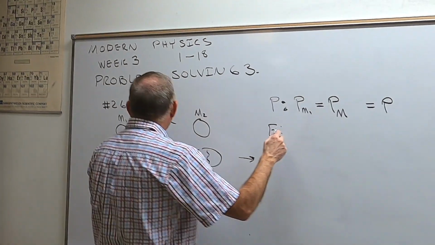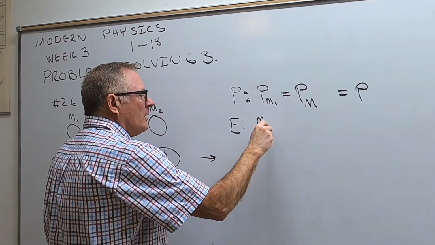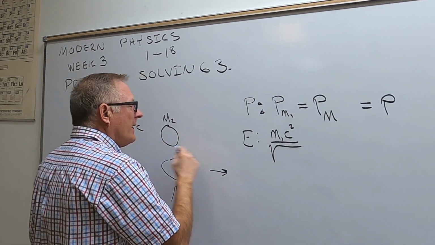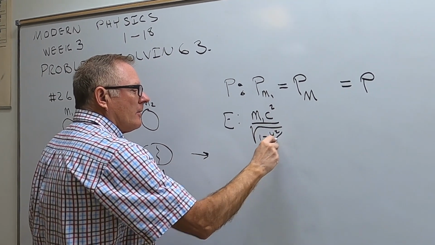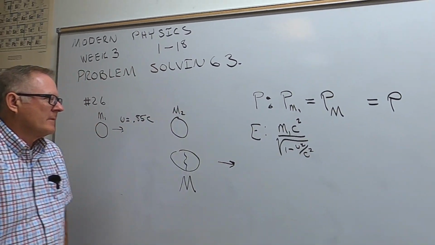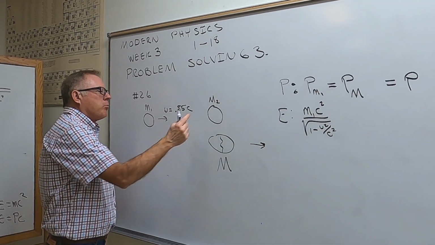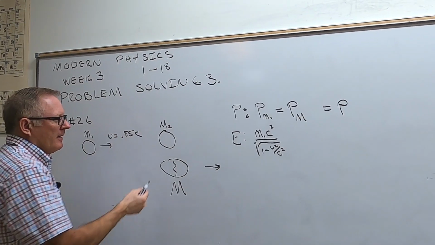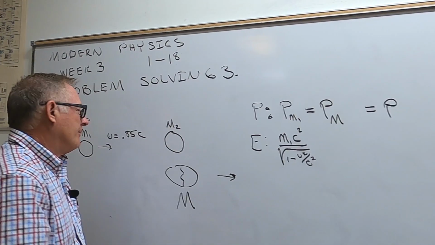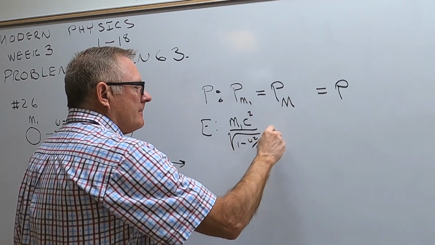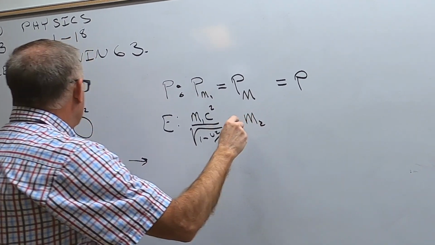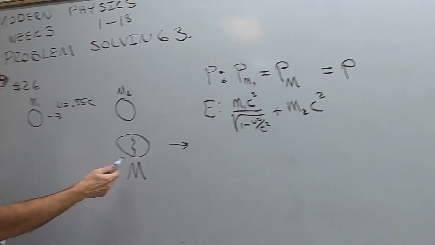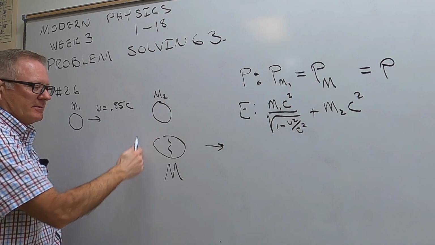So we just have M1 c squared all over the square root of 1 minus U squared all over c squared, plus the energy of that. Well, that one's not moving, so all of its energy is just M2 c squared. And that should be equal to the energy of this right here.